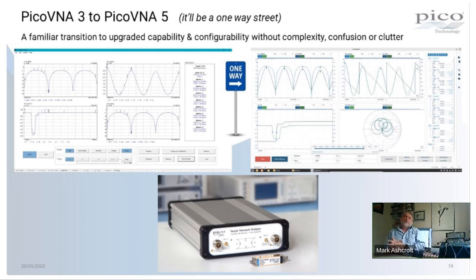So I think if you were to look at PicoVNA3 and PicoVNA5 side by side, that's what you'd see. Transferring from 3 to 5 is a familiar one in that the layouts are very similar, but it's also a very rewarding one in that it is a much cleaner user experience.